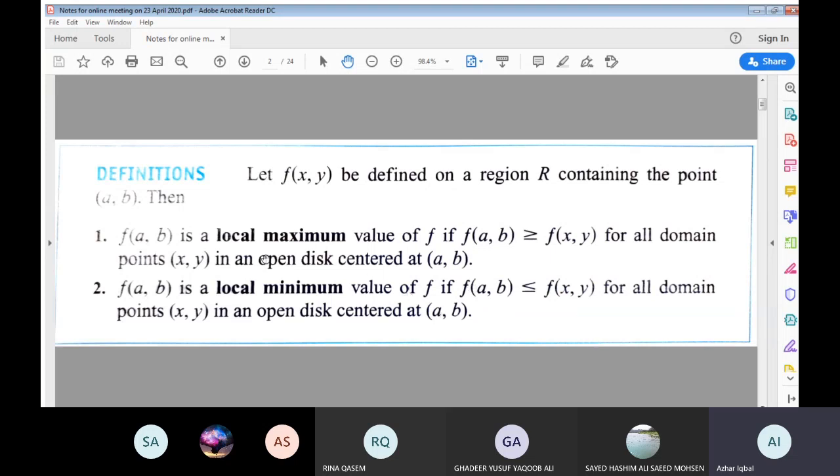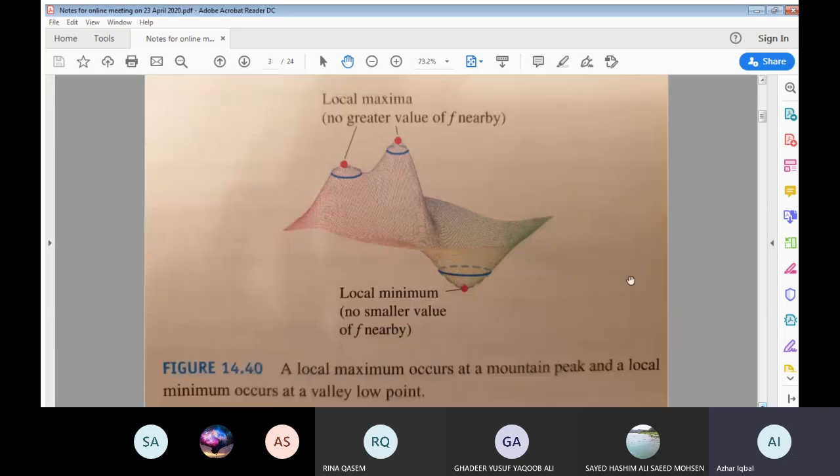To give you the geometrical meaning of these two statements, the local maximum and the local minimum, consider this graph of a three-dimensional function. You can say it's a surface plot.